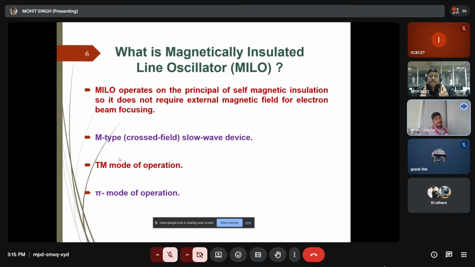Now coming to the main topic, the magnetically insulated line oscillator. What is a magnetically insulated line oscillator? Why are we calling it a magnetically insulated line oscillator? What is its feature?